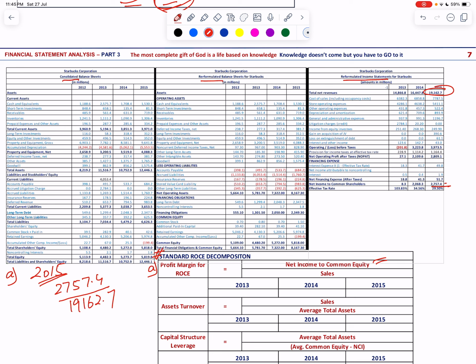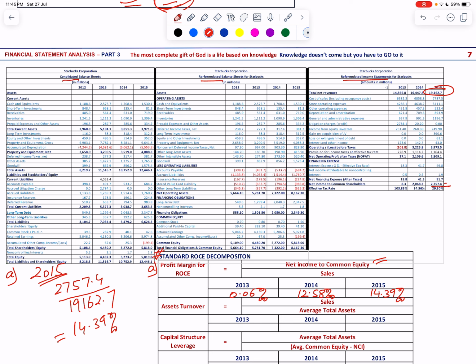So this will be equal to 14.39%. So for the year 2015, it will be 14.39%. For the year 2014, you can calculate the same way, it will be 12.58%. For 2013, it will be 0.06%.